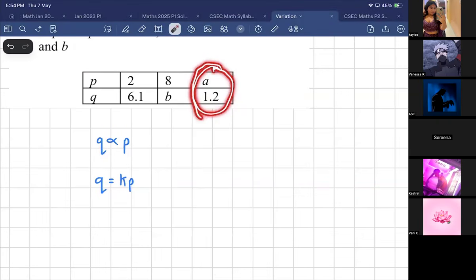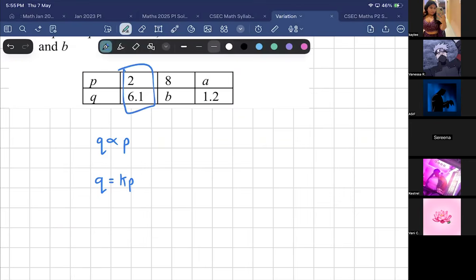So if you're using this ordered pair, you can't use it. Why, Alexia? Because you don't know what A is. You can only use 2 and 6.1. You can't use 8 and B either, because you know that P is 8, but you don't know what Q is. Q is B. Where's B? However, this is a good piece of information. So over here we can see that P is equal to 2 and Q is equal to what?